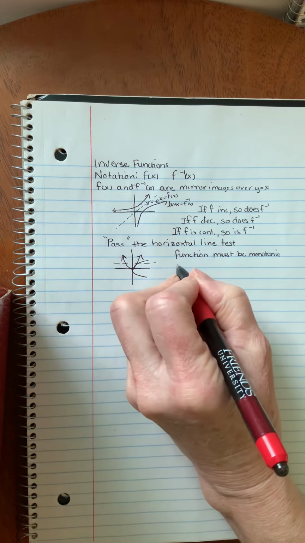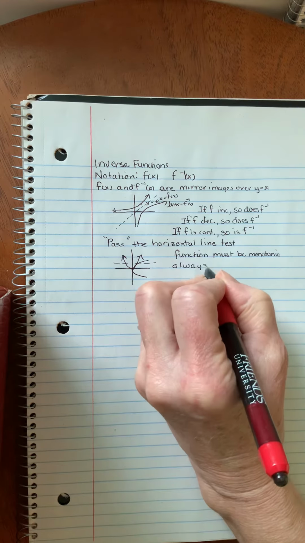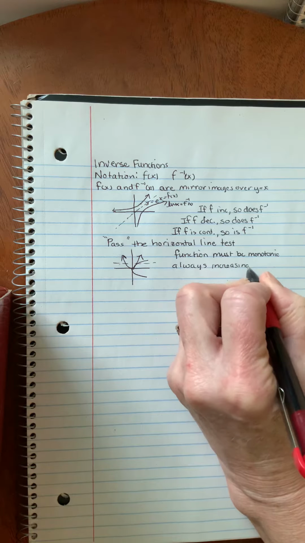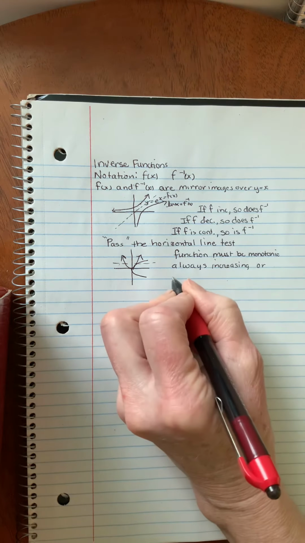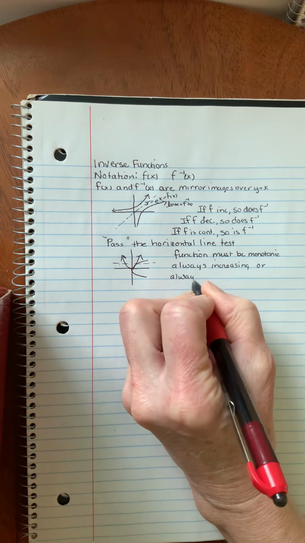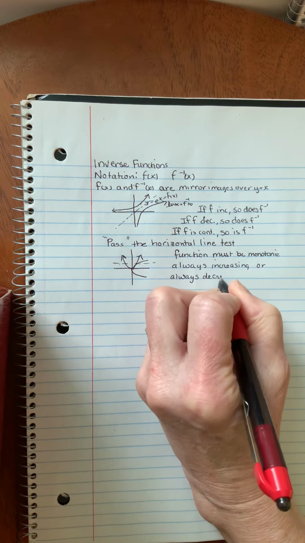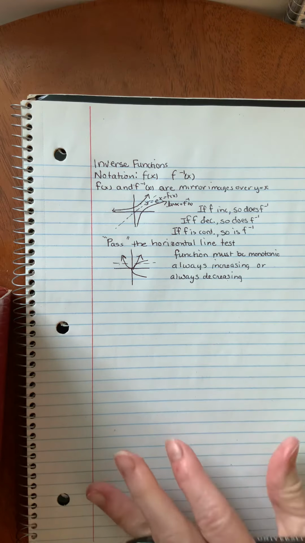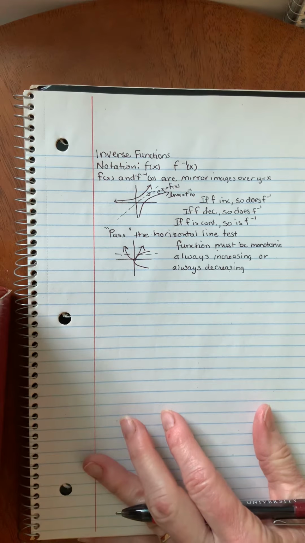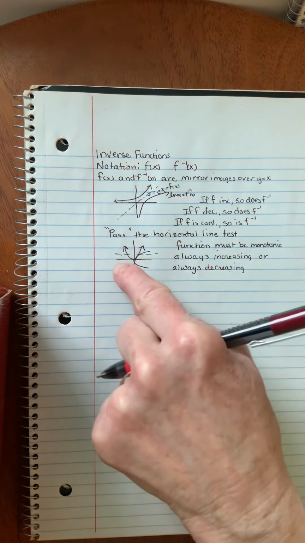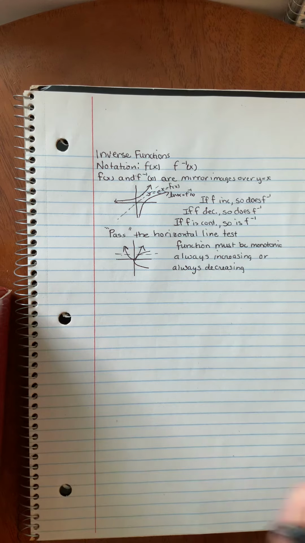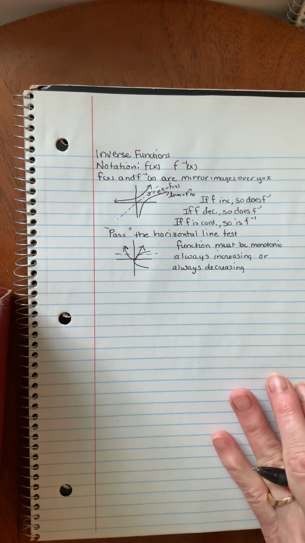It means that it's always increasing or always decreasing. And we can use derivatives to find that. So that's something you probably did not do in college algebra, I'm guessing. But if something is always increasing or always decreasing, then it's not going to turn around and come back, which is going to keep it passing the horizontal line test.